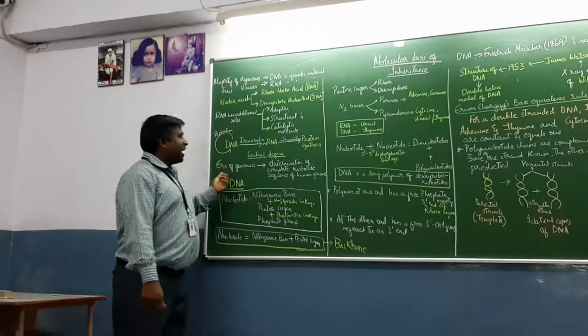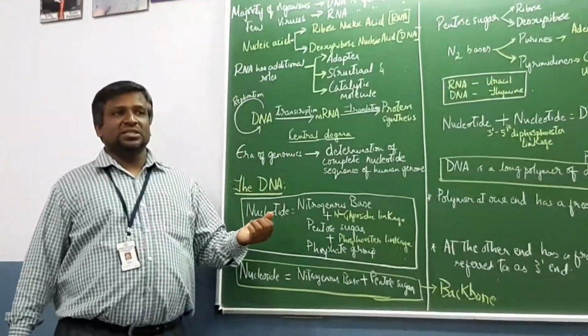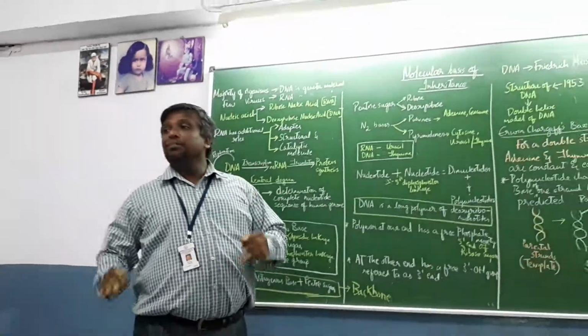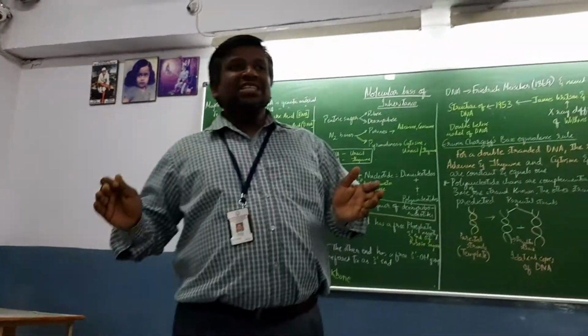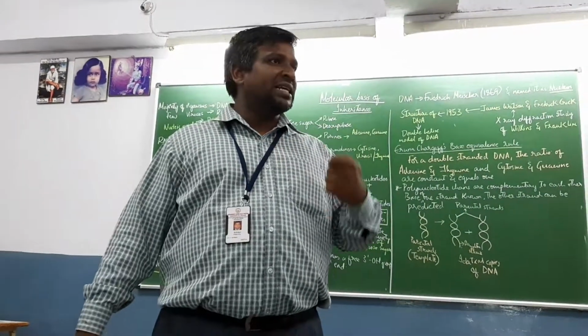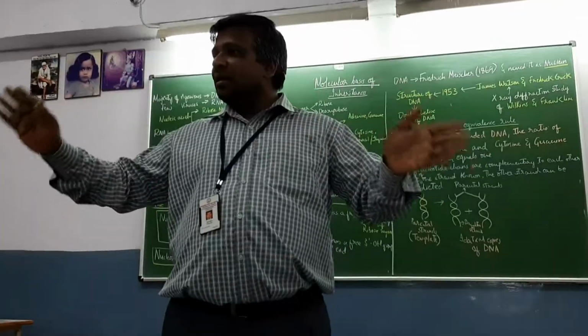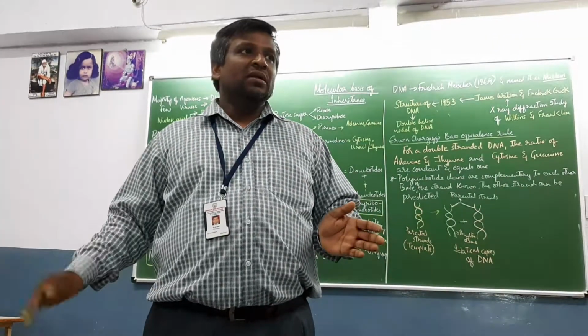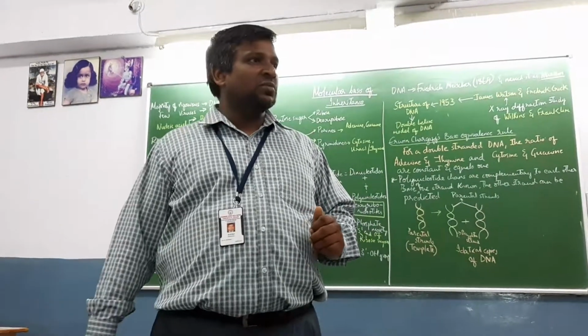Now today it is an era of genomics. What is genome? Sum total of genes present in haploid set of chromosomes. We talk about the Human Genome Project. They have already got the entire information of the human genome. Human beings have 46 chromosomes.